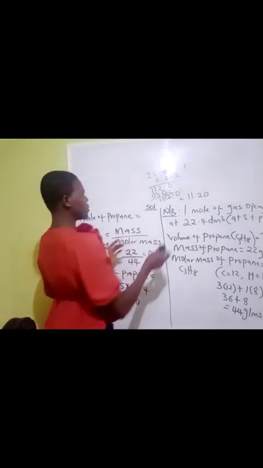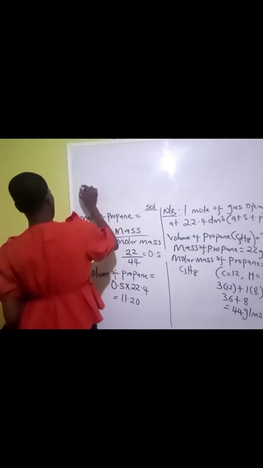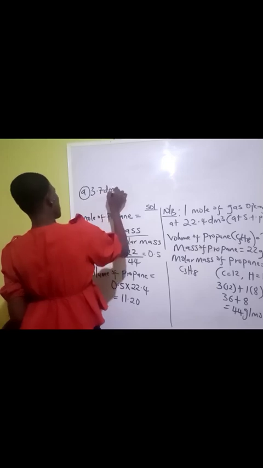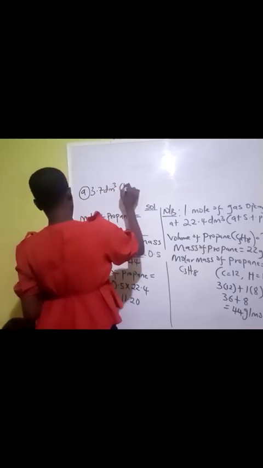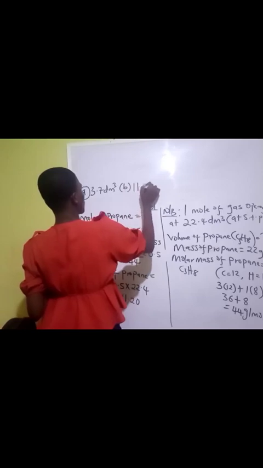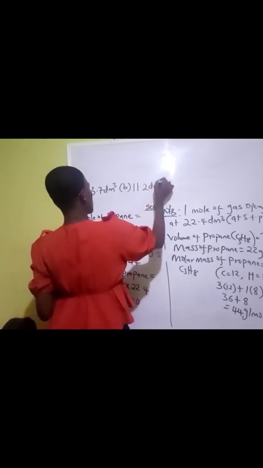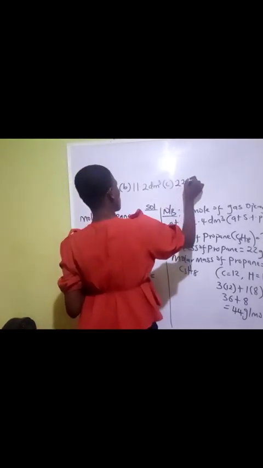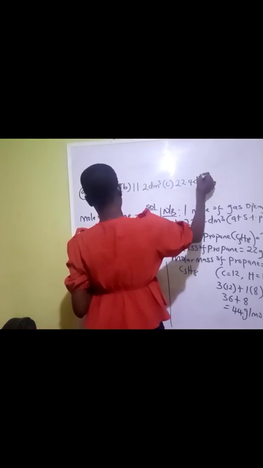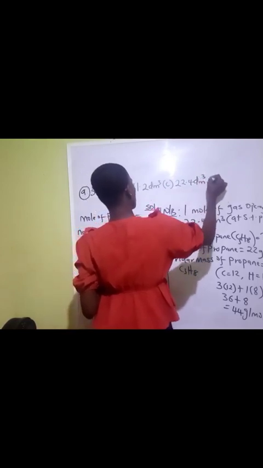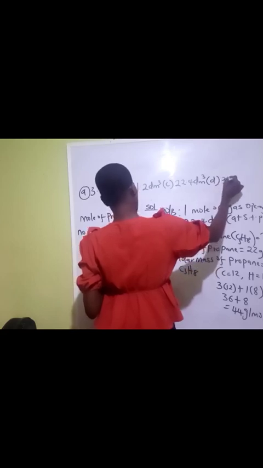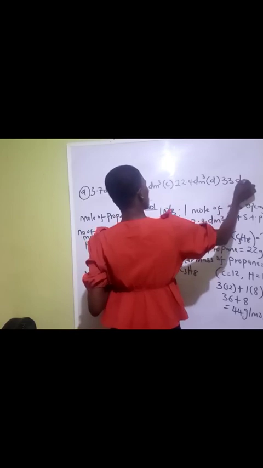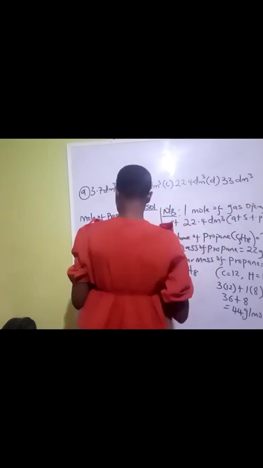So let's look at the options given to us. You have A, 3.7 dm cube; B, 11.2 dm cube; C, 22.4 dm cube; D, 33 dm cube. We have solved this.